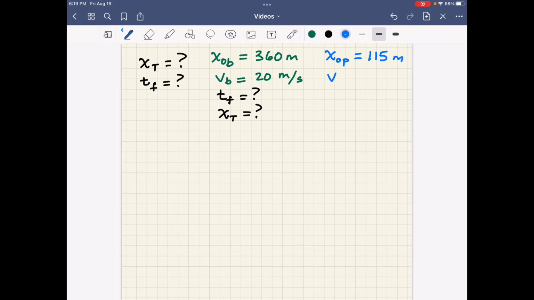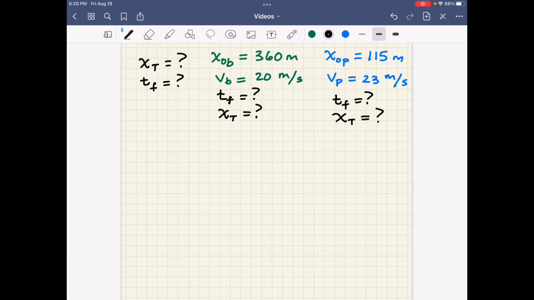And the velocity of the police is 23 meters per second. Now, they're both going at constant velocity, so that's why I'm not using V naught or V final. And look what they share. They share time final, because it's going to be the same for both. And X final, so that's the location where he gets a ticket.